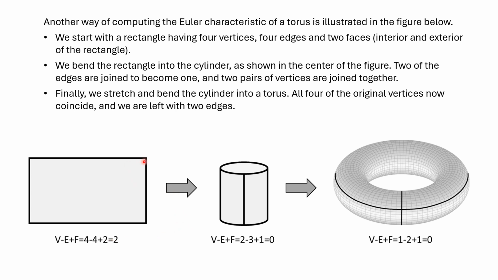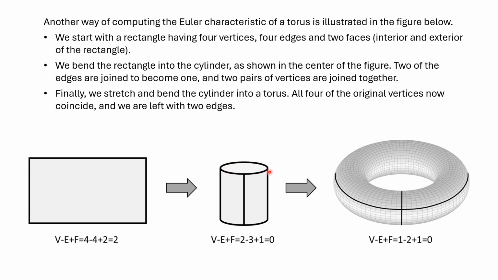And if we take these two edges here and fold them to get a cylinder, then this vertex and this vertex can now coincide. It's up at the top, and this vertex now coincides as well. So there are only 2 vertices, and the number of edges is 3.